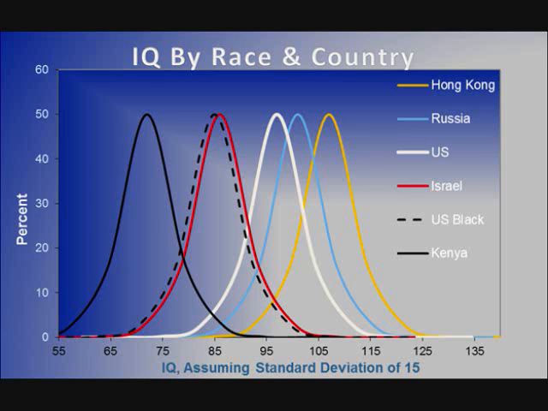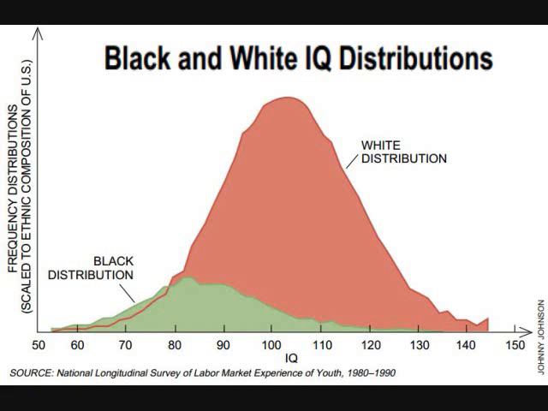And so you have this scale, the bell curve, once again, and you see the different races in different colors, with Hong Kong on the higher end and Kenya on the lower end. U.S. blacks are the dotted line, which still ranges in the lower end.